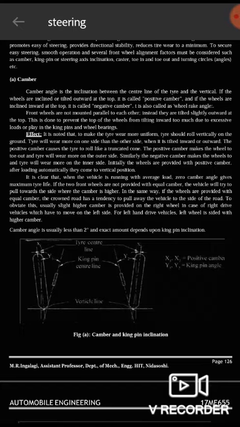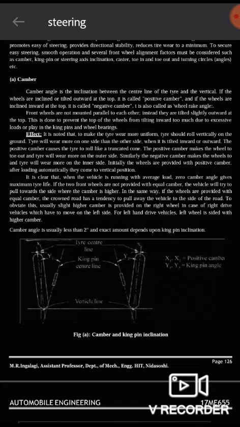This is done to prevent the top of the wheels from tilting inward too much due to excessive load or play in the kingpin and wheel bearing. To make tire wear more uniform, the tire should roll vertically on the ground. When it is tilted inward or outward, the tire will wear more on one side than the other.